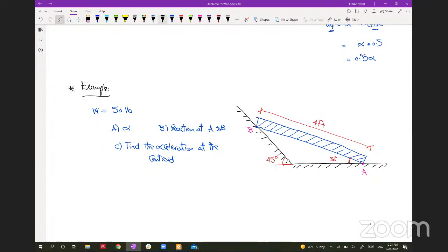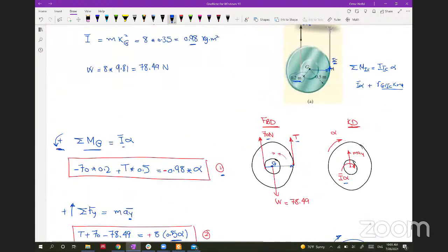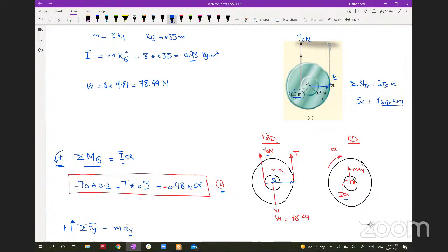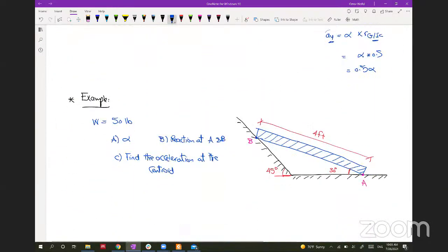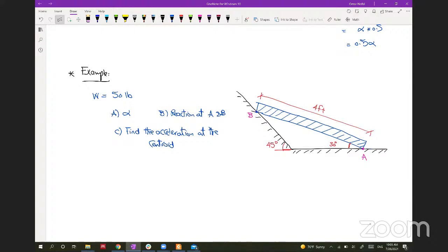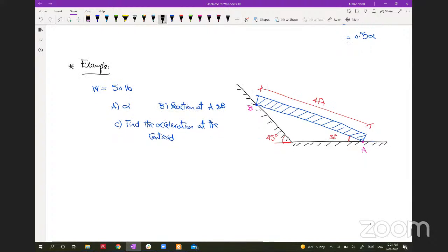Okay, so you will recognize that this is a general plane motion, because if A is moving this way and B is moving this way, this body is making translation and rotation at the same time, such as the one from the previous problem. This body, when it goes up, it rotates, and G could be moving from here to here, so it translates and rotates. So we will have to apply our Newtonian kinetics equations, but before this, let's draw a free body diagram and kinetic diagram.